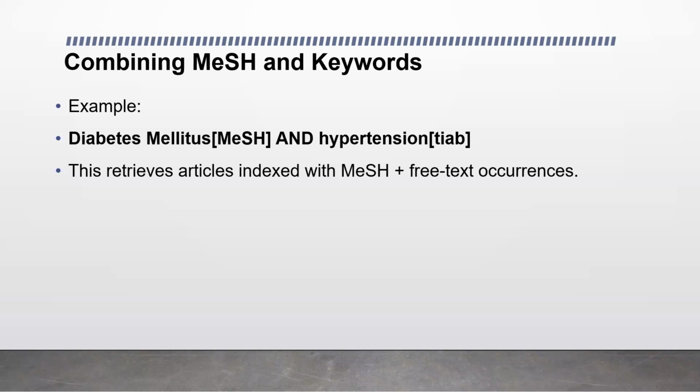So that's why it is recommended that you use the subject heading and the keywords. This retrieves articles indexed with MeSH, but also the free text occurrences proposed by the authors of such publications.